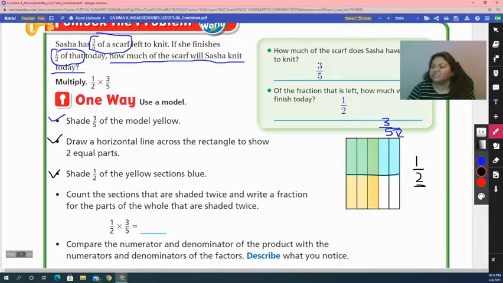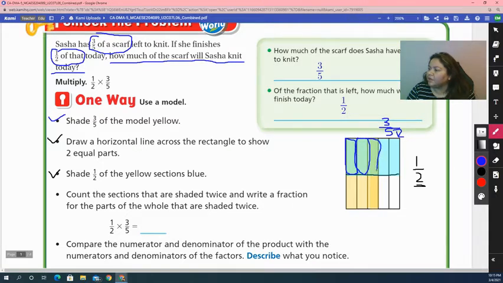Now we're going to count the sections that are shaded 2 times. The squares that are shaded twice. Here you could see that the parts that are shaded twice, I'm going to use a different color, would be this square, 1, this square, 2, and this square, 3.